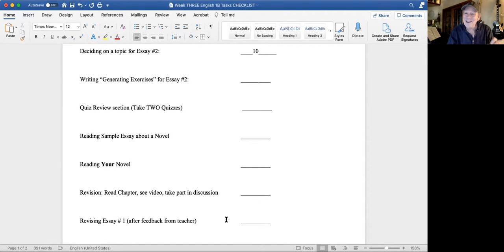If you do these generating exercises correctly, you can literally copy and paste the ideas that you write out, put them in one long Word document, and then use that as like a rough draft of your essay. You'll be very surprised that you're more than halfway there if you do these. So spend some time, spend 2 hours, okay, working on those generating exercises about either the novel or the play.